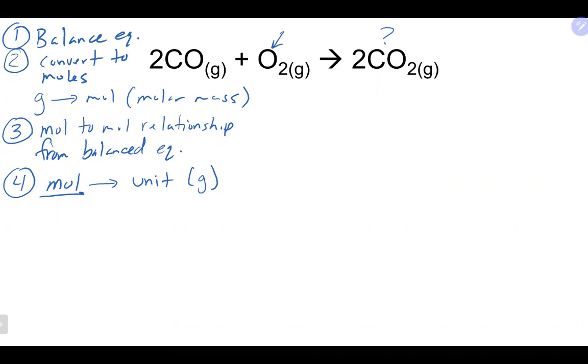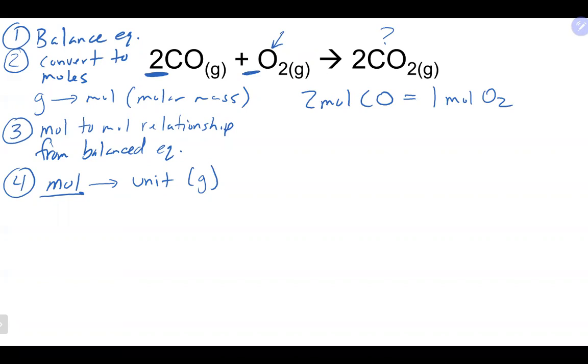So from this one equation that I have up here on the screen, we could actually write several different equalities. We could say, for example, that for every 2 moles of CO you toss in there, and that comes from nothing more than the number that's in front of CO, you also need to toss in there 1 mole of O2, and that is the number that's in front of O2, which is no number, which represents 1.